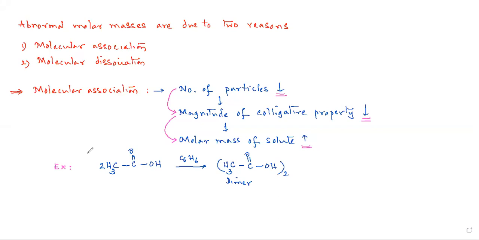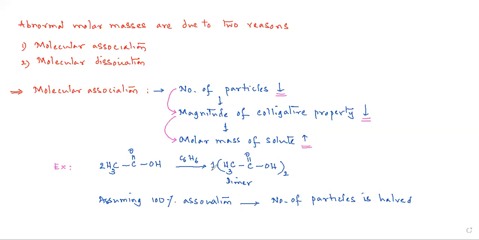In this case, if suppose we assume 100% association, we can say that the number of particles is halved, isn't it? 2 is becoming 1.